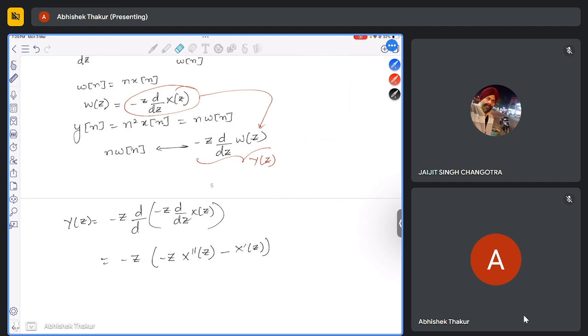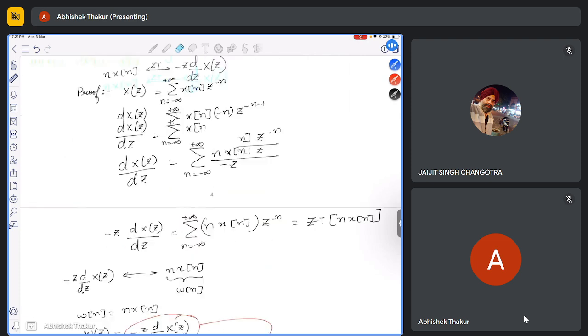So our Y(z) will become minus z squared double derivative of X(z) minus z X'(z). Oh sorry, it will become plus and plus, both terms will become plus because minus into minus will be plus.